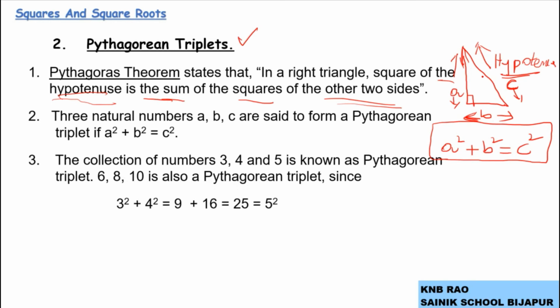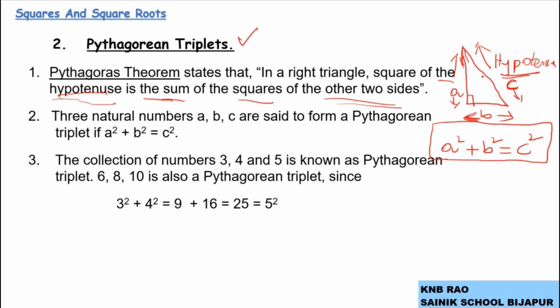Therefore, 3, 4, 5 is one of the Pythagorean triplet. Triplet means a collection of or a group of 3 numbers.